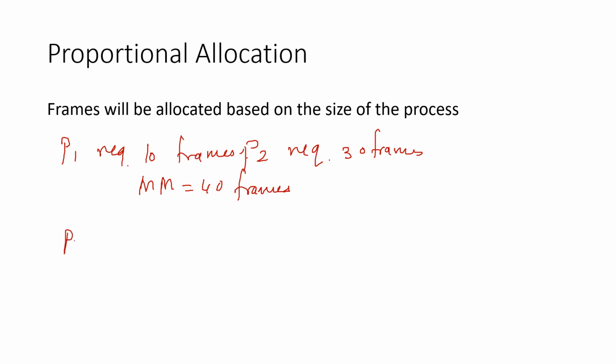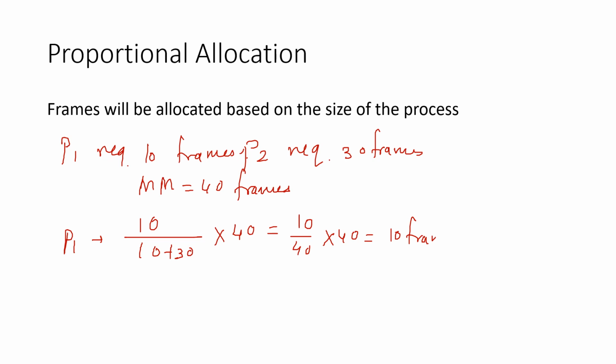Okay, so P1 will be given 10 upon 10 plus 30 into 40, so that is 10 upon 40 into 40, so it will be 10 frames. Okay, and P2 gets 30 upon 10 plus 30 into 40, equal to 30 frames.